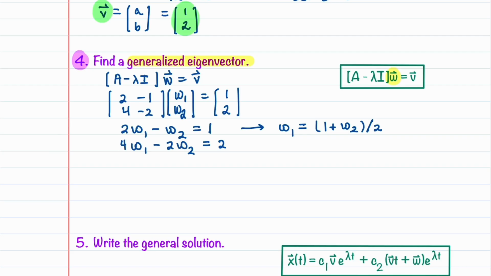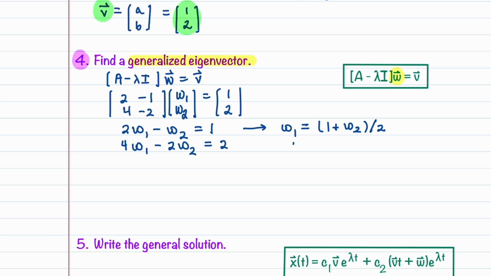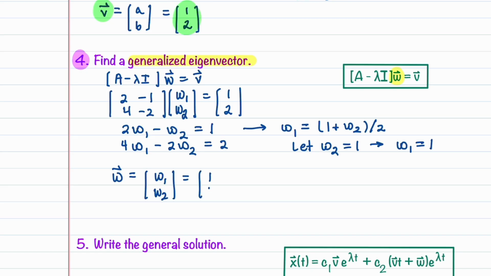Let's see what we can choose so that we don't have fractions. I think we could let w2 be equal to 1 and everything will work out nice. That's going to give us that w1 is equal to 1. So we have our generalized eigenvector, vector w, equal to w1, w2, and we now know that that is equal to 1, 1. And we'll highlight that one.